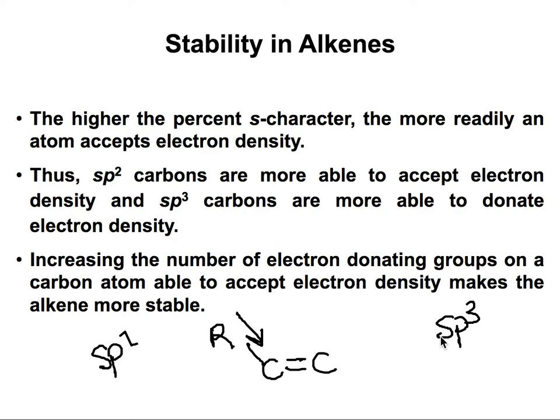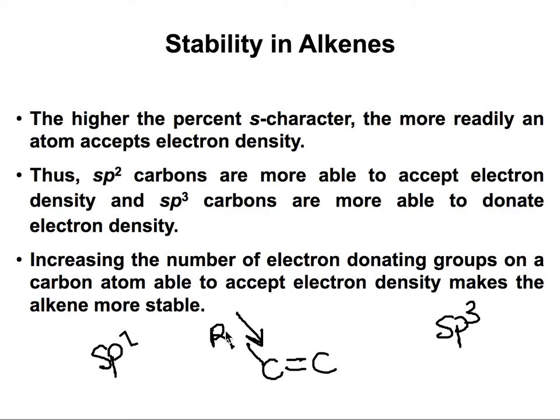So I'm going to say this again because it can be a little challenging. An sp2 hybridized carbon, just like this one, has more s character. Remember, it has 33% s character, whereas an sp3 hybridized carbon will have 25% s character. We learned that way back in the course. Because it has more s character, it has the capacity of accepting more electrons, because remember, an s orbital is spherical and it can accept electrons better.